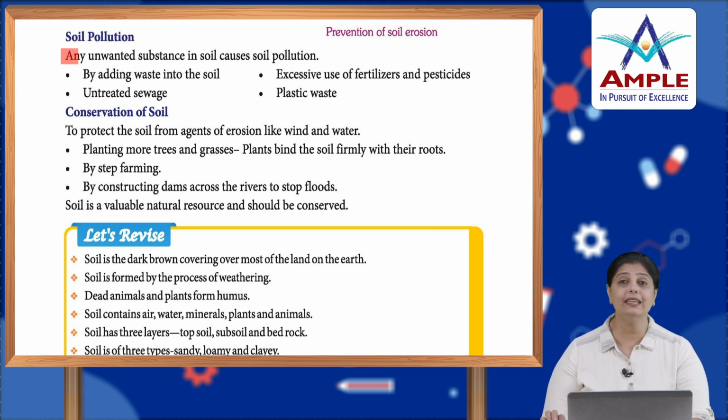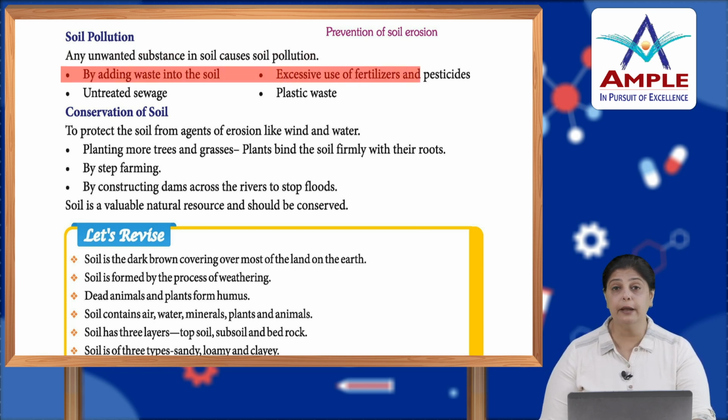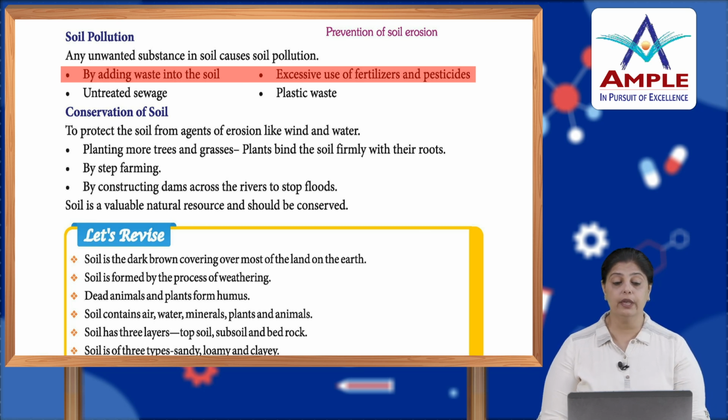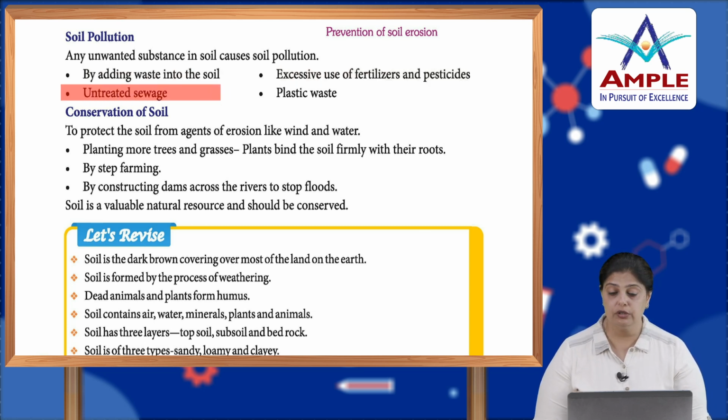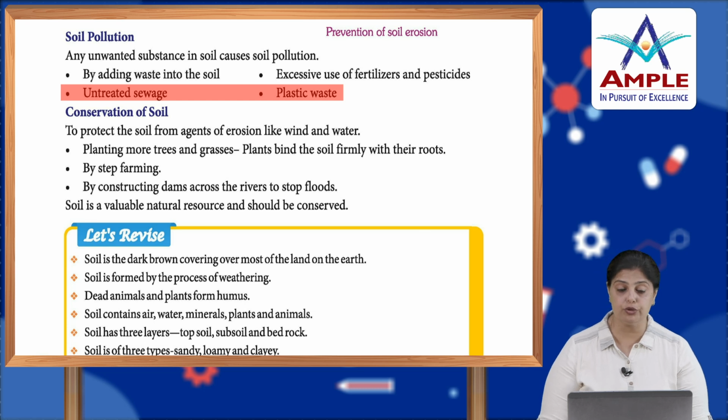Any unwanted substance in the soil, anything that is not required, causes soil pollution. Adding waste into the soil, excessive use of fertilizers and pesticides can destroy the soil. Untreated sewage and plastic waste are all reasons for soil pollution.